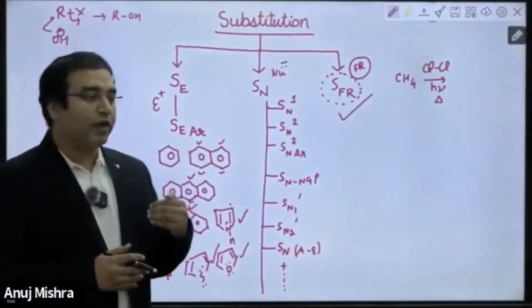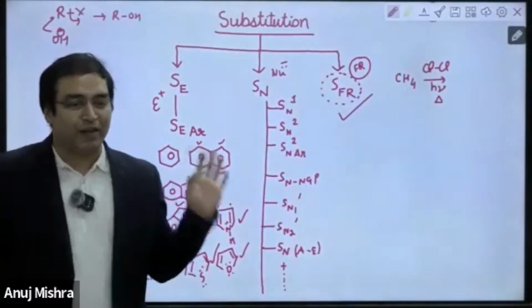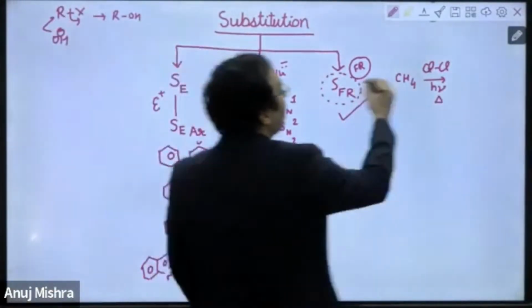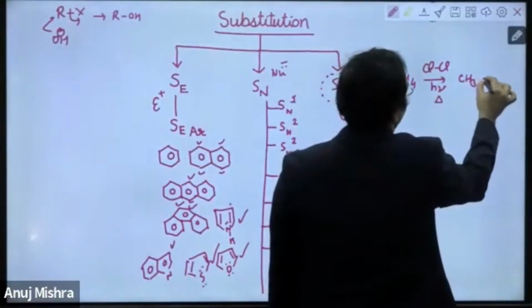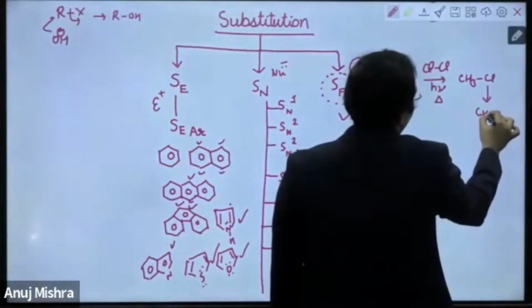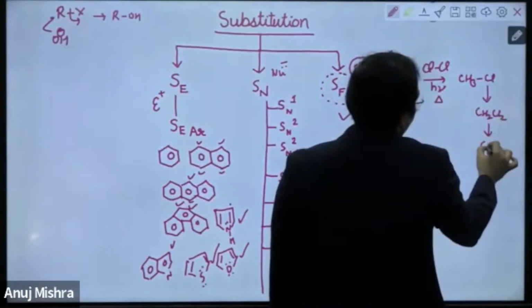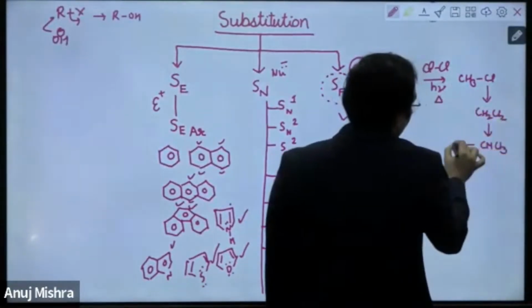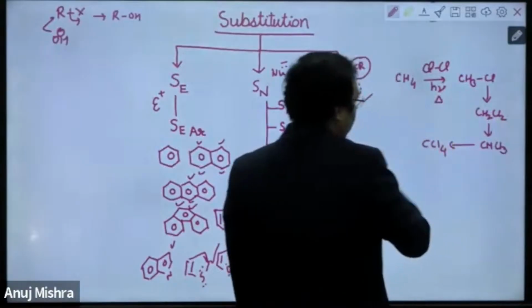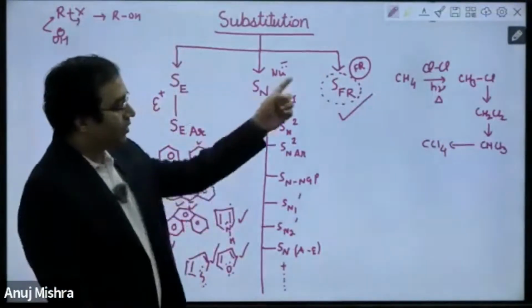It's like going from A to D, it will stop at D, you won't find B or C. So the process will go via CH3Cl, CH2Cl2, CHCl3, CCl4.